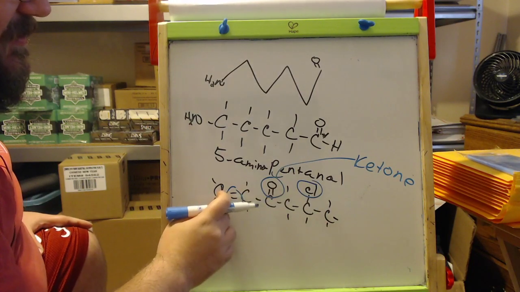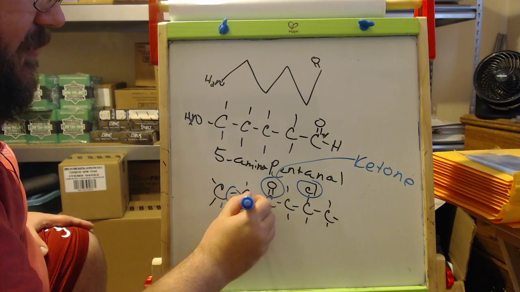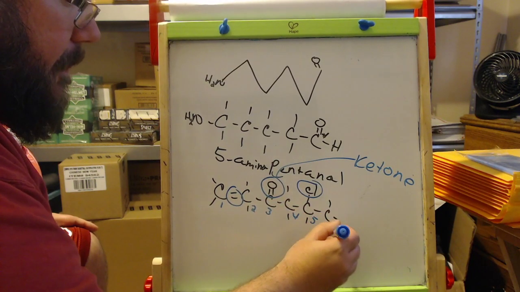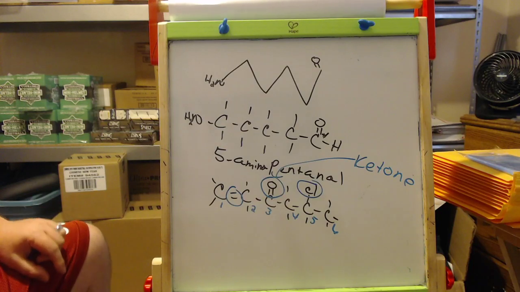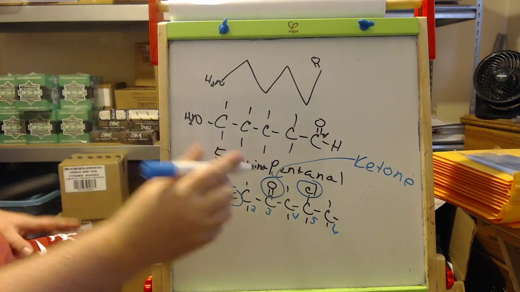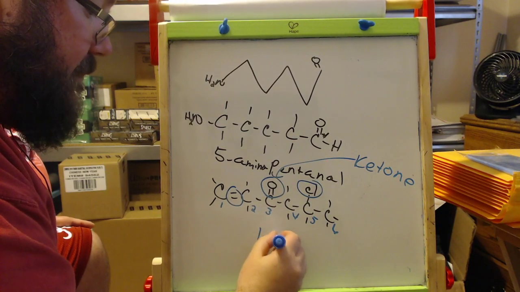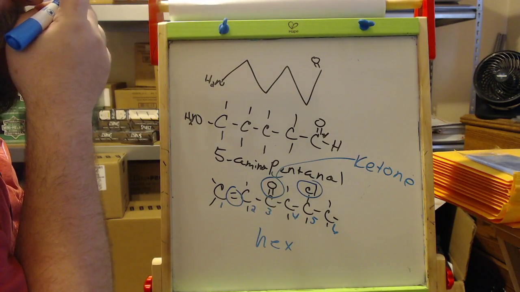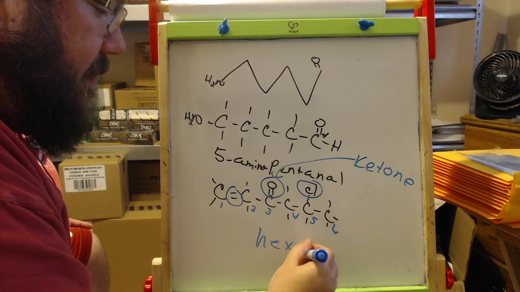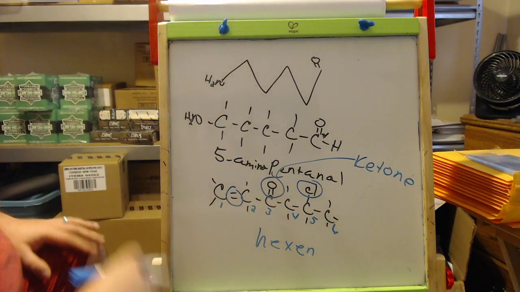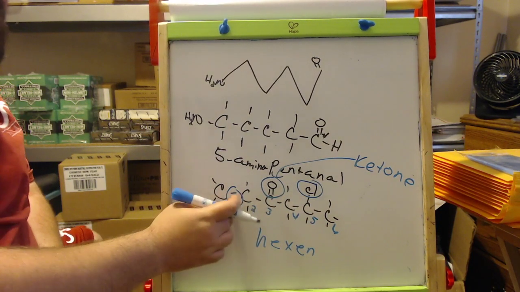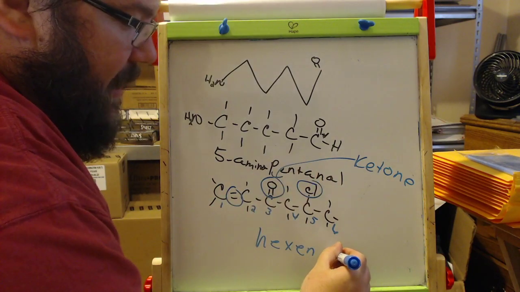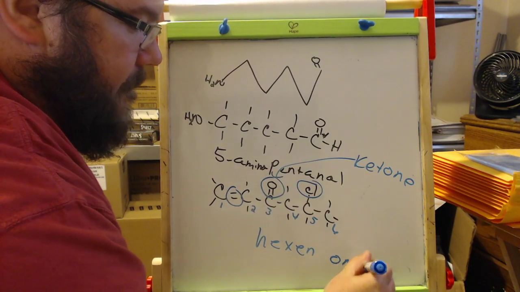Shortest distance: carbon number 1 has the double bond, so that's the shortest distance to something that's different. We have 6 carbons, so it's going to be hex. I know it's going to be -en because it's double bonded. Since I'm a ketone, my ending is going to be -one.